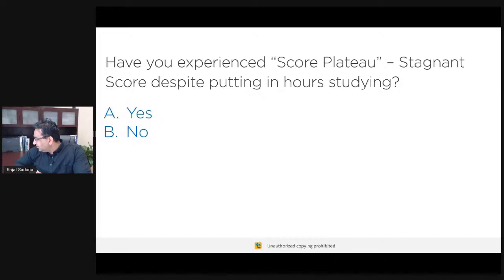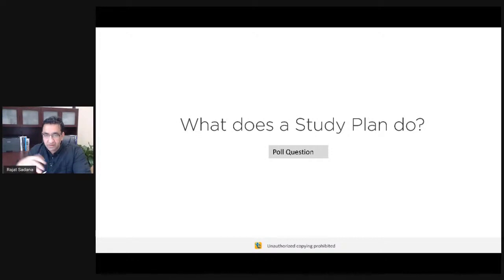Okay, we have a mix of A and B both. You would feel this only if you put in 60 to 70 hours studying. If you put in fewer than 70 hours, you will likely not see this. It doesn't usually happen in the first 70 hours. It is more common with people who spend over 100 hours.